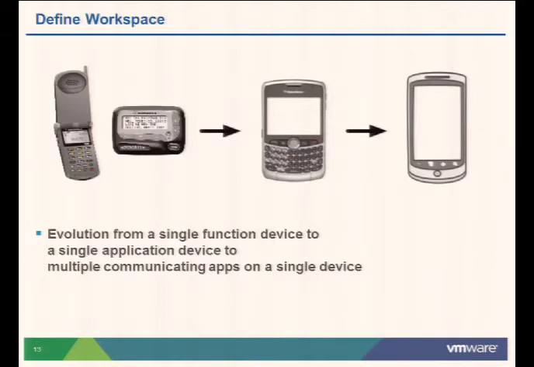Now, as time goes on, we're migrating from that single application device to what we call a modern smartphone today, whether that be iOS or Android. There, instead of one big app, we have a collection of little apps. Even in simple things, we have a mail app, which is separate from the calendar app, which is separate from the contacts app. And you can swap them.